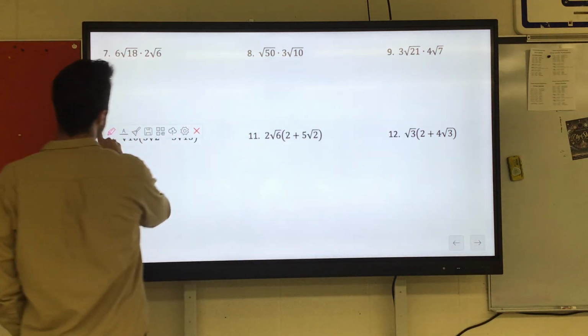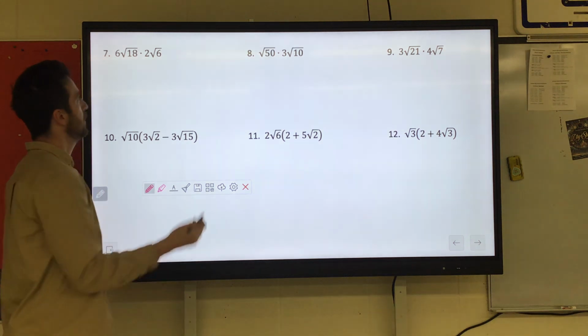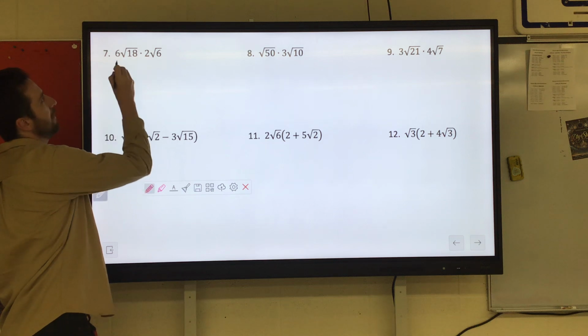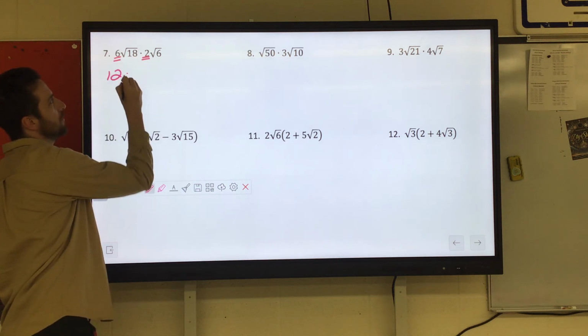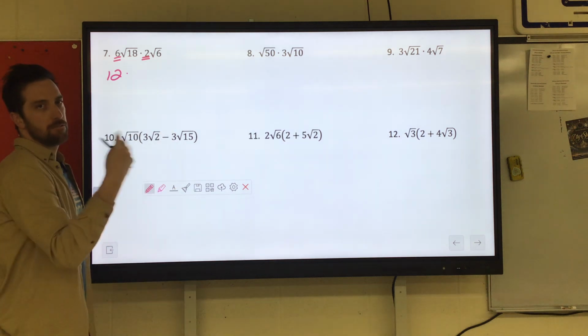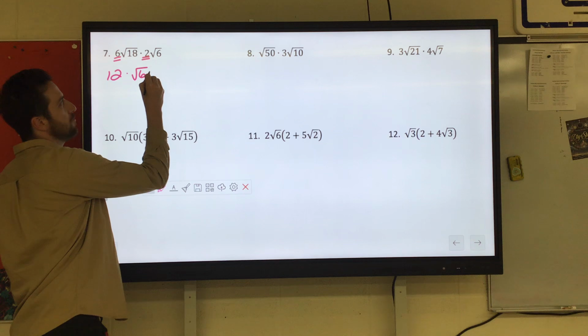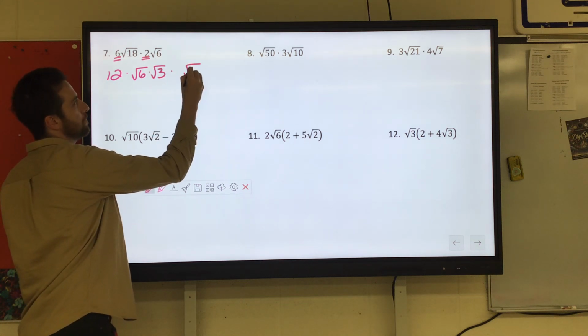So let's try that. Something that goes into 18 and 6 would be 6. All right, let's do the 6 times 2 first. That's just 12. Those are handled. Now the root 18, the root 6. 18 we're going to make 6 times 3. And then we have this root 6 over here.